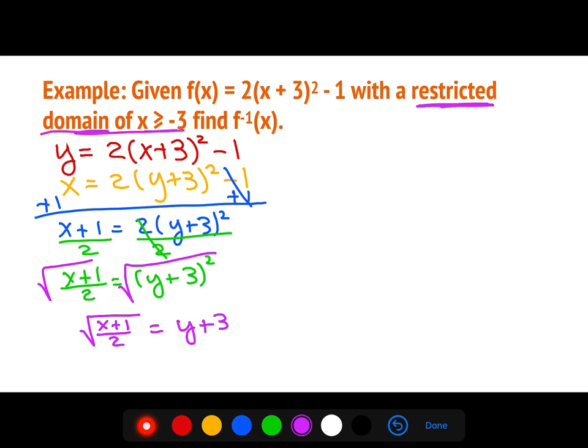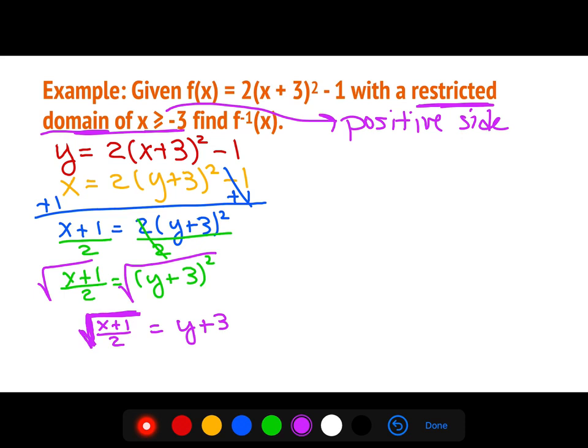Now, right here, I'm going to take a moment because up here we had a restricted domain of x greater than or equal to negative 3. Well, the greater thans are the positive side of the graph because greater than is positive.